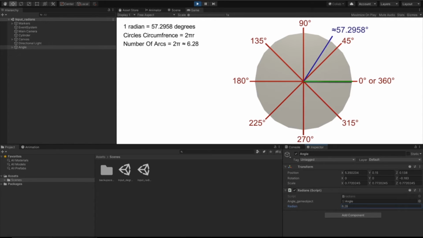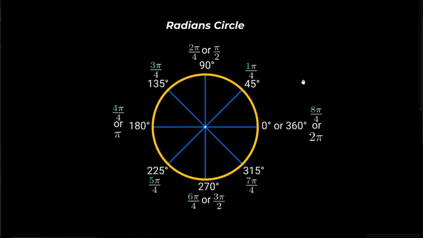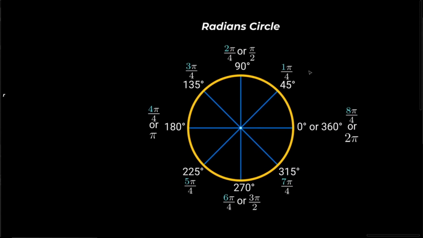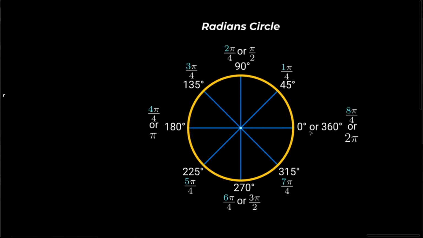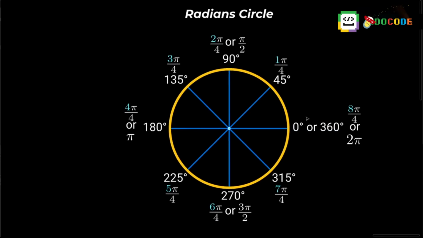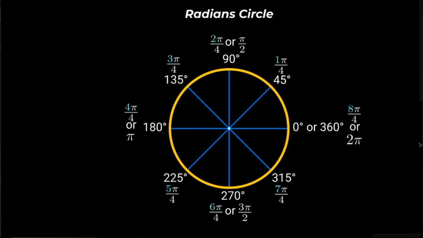Okay, so let me show you what I mean by 2 pi. Well, that one's done. Now we have a slightly more complex circle. We actually have fractions for each section of the circle. So let's start from here. This is actually 0, and it goes 1/4 of pi, 2/4 of pi, which is 1/2, 3/4, 1 pi, so that's half of 2 pi is 1 pi, then 5/4, 6/4, 7/4, and of course 2 pi, which is 8/4.